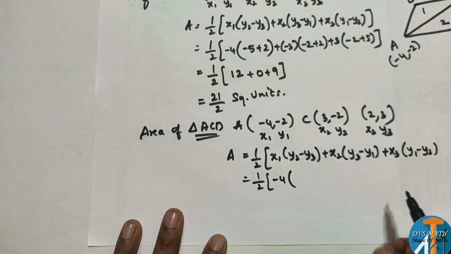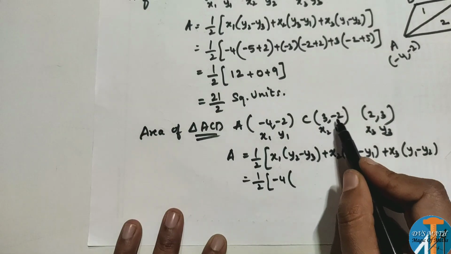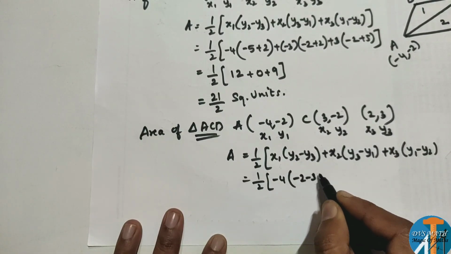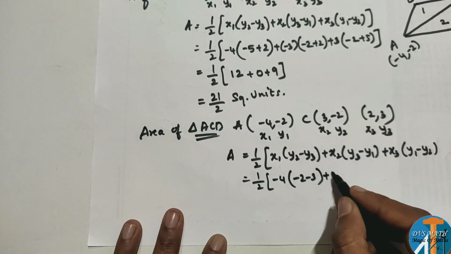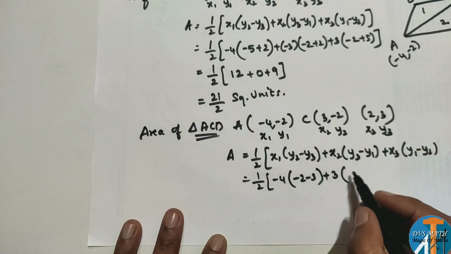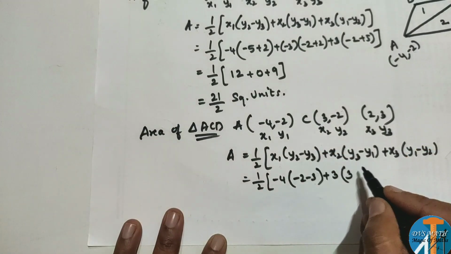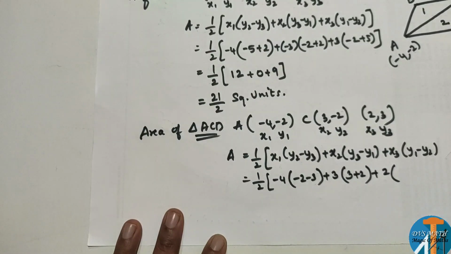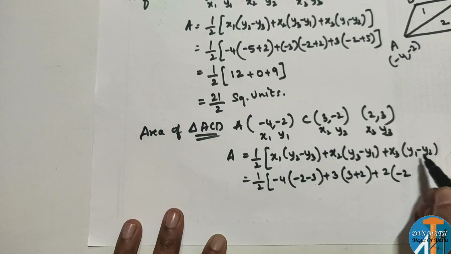It is minus 4, (y2 minus y3), that is minus 2 minus 3, plus x2, it is 3, (y3 minus y1), y3 is 3, y1 is minus 2, minus into minus is plus 2, plus x3, it is 2, (y1 minus y2), y1 is minus 2, y2 is minus 2, minus into minus plus 2.